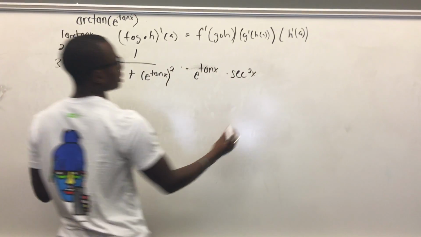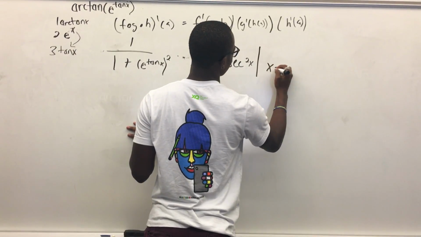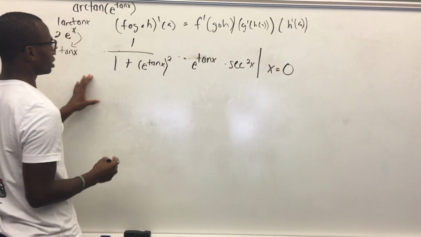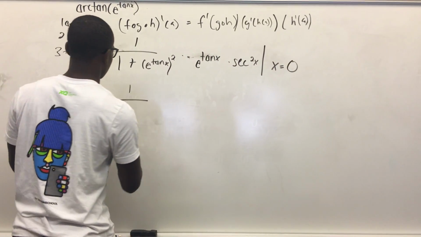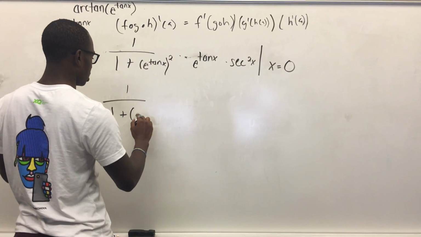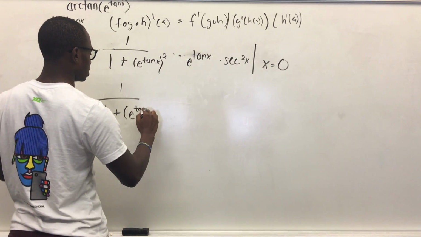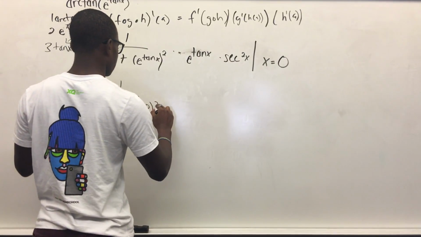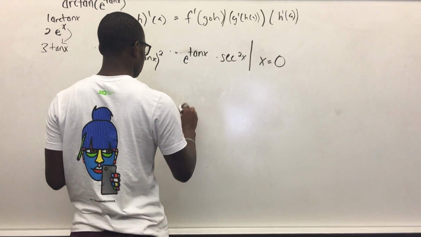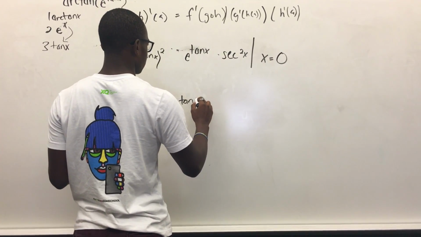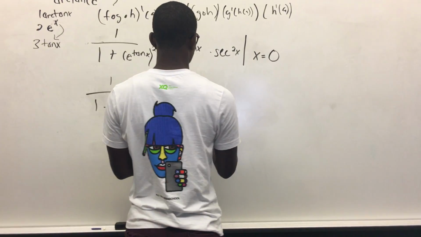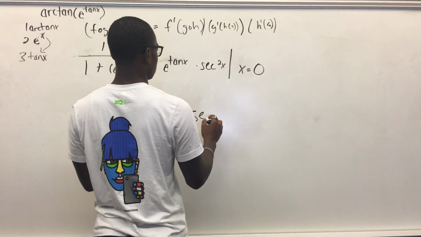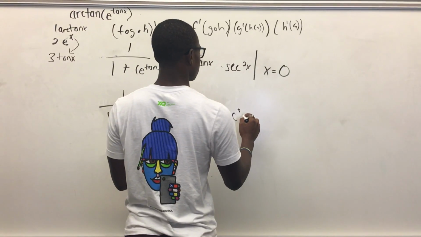And if we had a point, let's say x equals 0, we could evaluate this. If we plugged all of it in, we would get 1 over 1 plus e to the tan of 0 squared, times e to the tan of 0, times secant squared of 0.